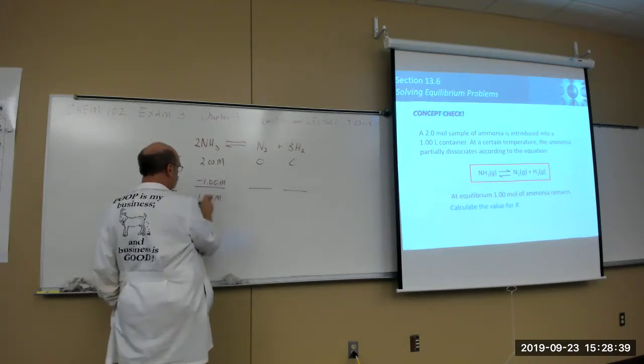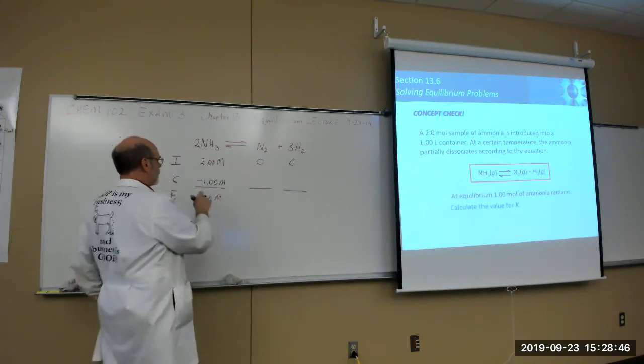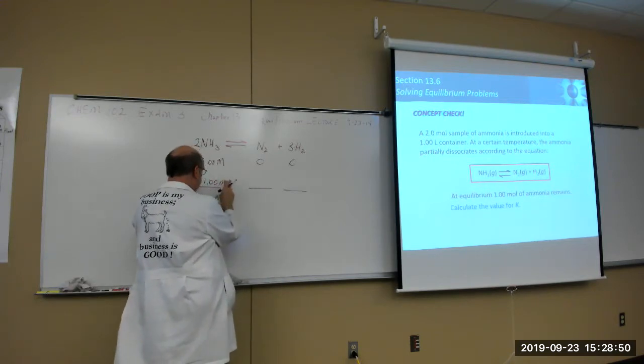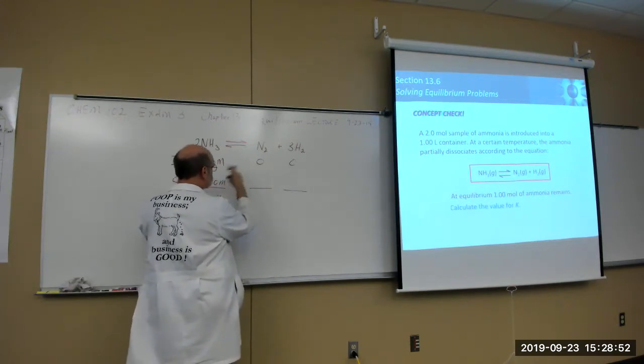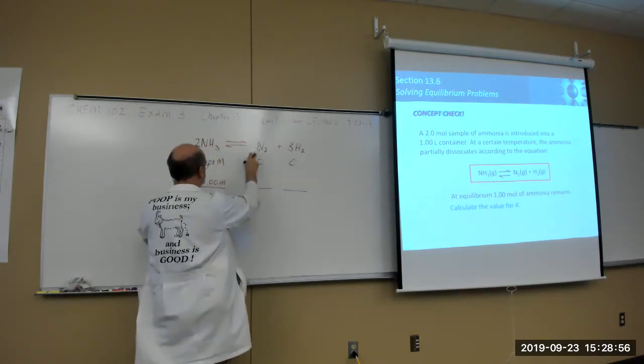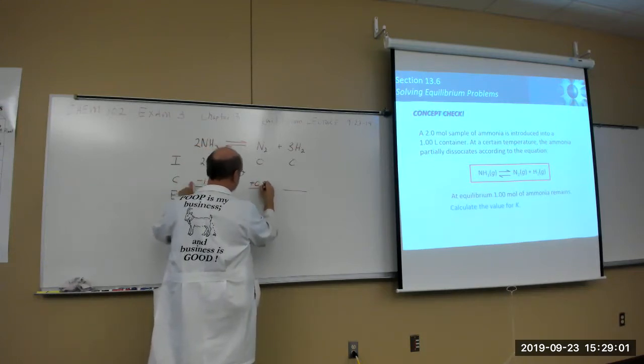If we had 2 molar here and we went to 1 molar here, we had to lose 1 molar. That didn't change. Now, what's the change? If we lose a molar here, how does it show up over here? For every 2 of these, 1 of those. So this adds a half molar.